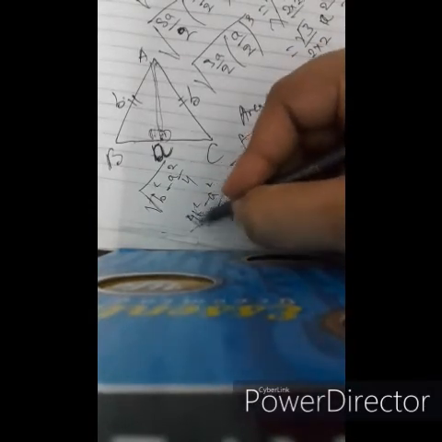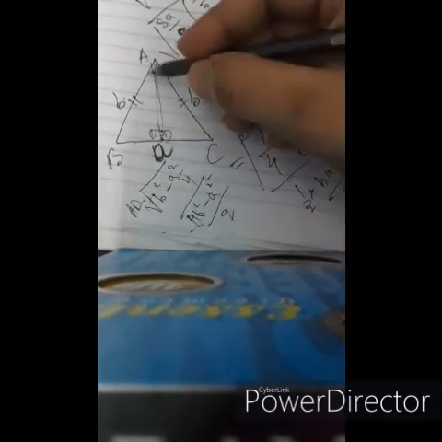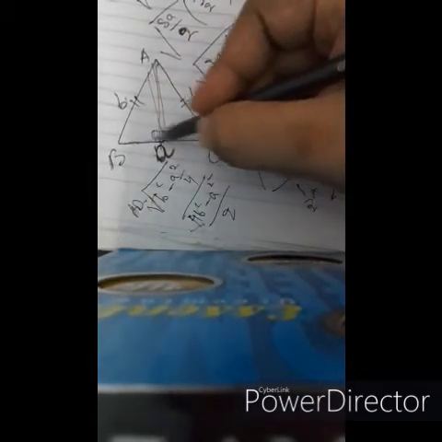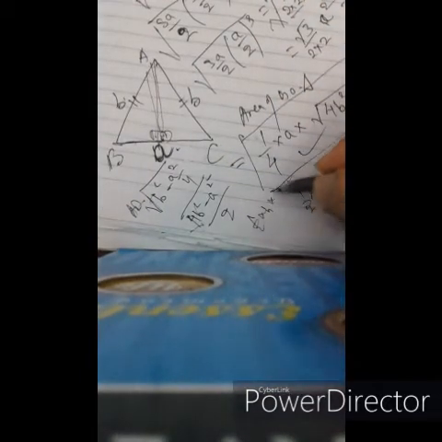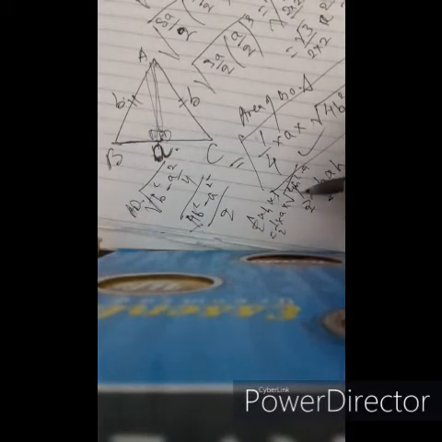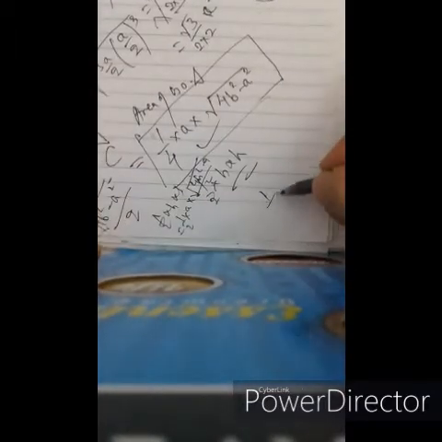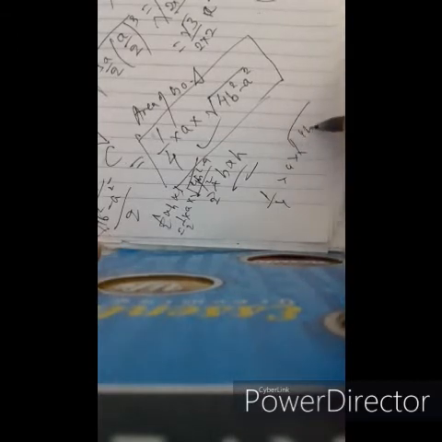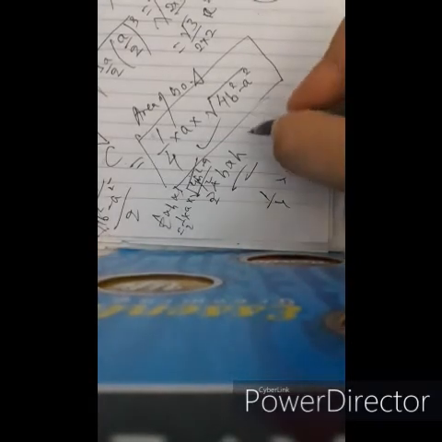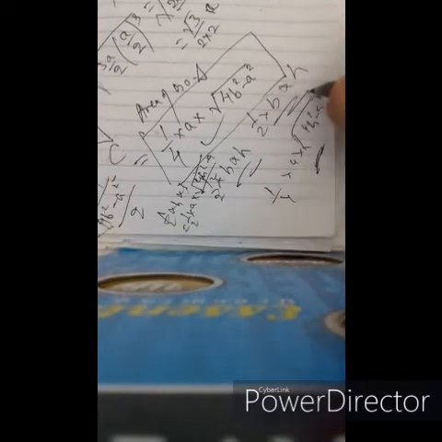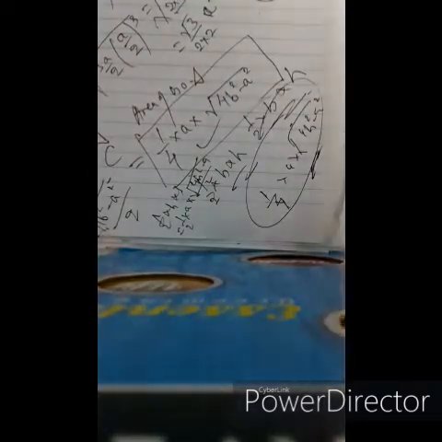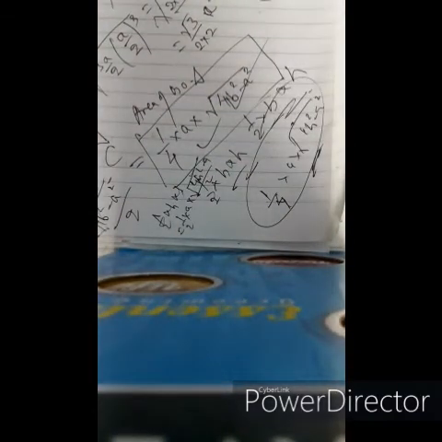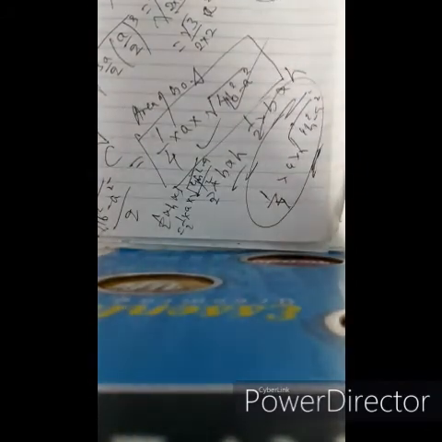And the base is a. So half into base into height becomes half into a into root under 4b square minus a square by 2, that is 1 by 4 into a into root under 4b square minus a square. We just substitute in the formula half into base into height and we get this answer. This is the area of an isosceles triangle.